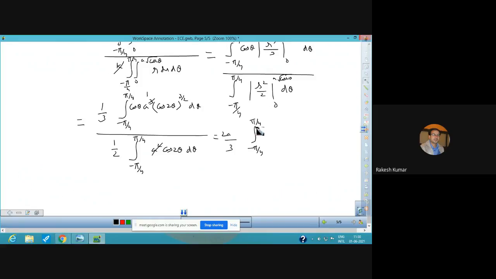You can use the formula of cos 2 theta, and the cos 2 theta is 1 minus 2 sine square theta raised to power 3 by 2 into cos of theta d theta. And in the denominator, you can integrate. Integration of cos comes out to be sine 2 theta, and that is minus pi by 4 to pi by 4.